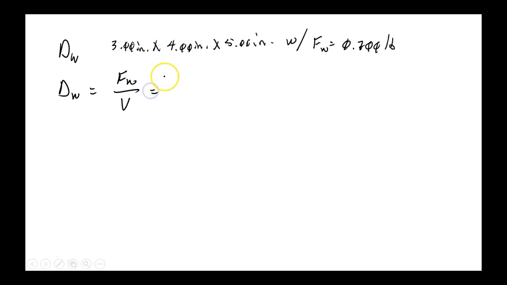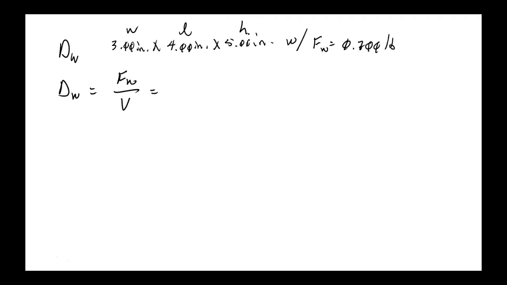Okay? Now, we got to calculate the volume. We don't know it. How do we calculate volume? This is a block of wood. They show a picture of it, but we don't have that. It's in your book. Sorry. How do we calculate volume? Length times width times height. Now, I don't know which they're calling this. I would call this the length, that the width, and that the height.